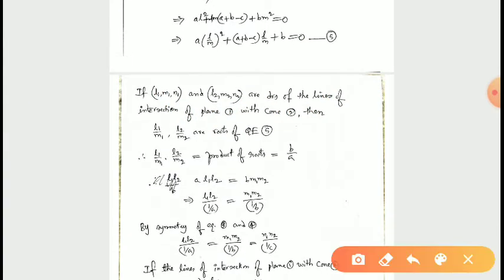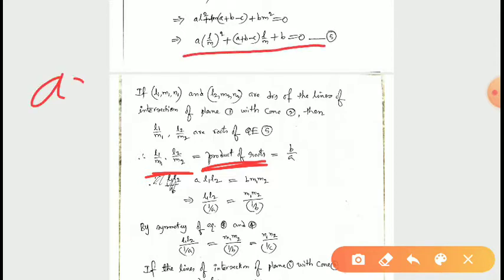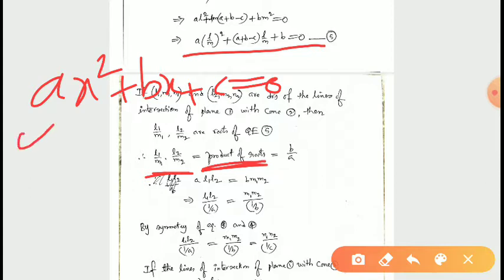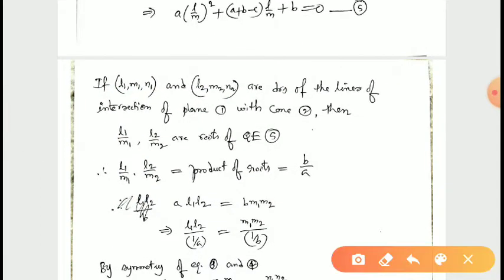Therefore, L1/m1 into L2/m2 is the product of roots. If ax square plus bx plus c is equal to 0 is a quadratic equation, then the product of roots alpha beta is equal to c by a. Therefore, here the product of roots is equal to b by a. So L1/m1 into L2/m2 is equal to b/a.